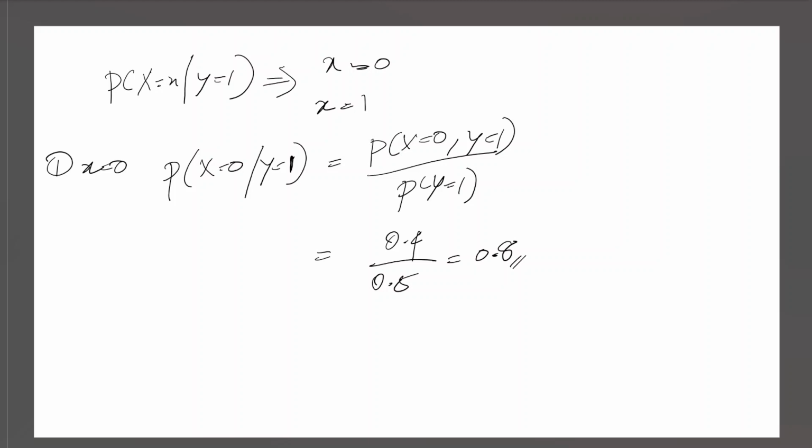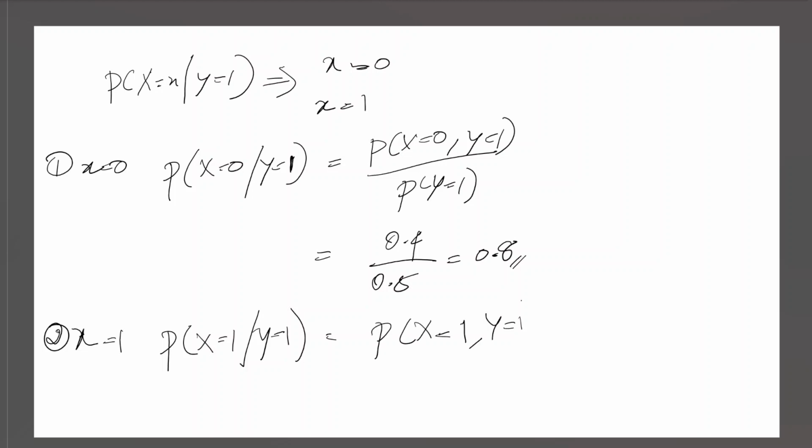The next case is when x is equal to 1. Probability of x equal to 1 given y equal to 1 is given by the probability of 1 comma 1.